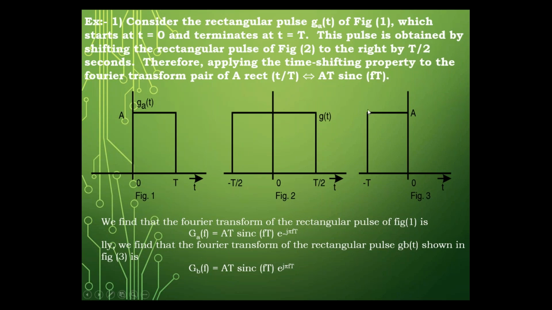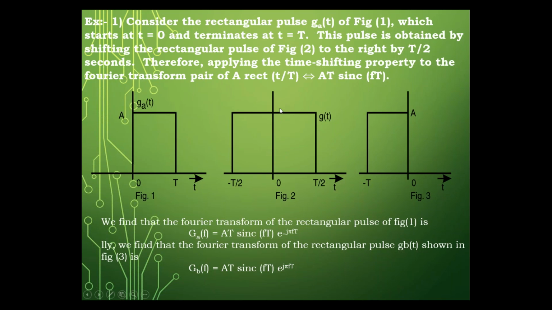Now I can shift this rectangular pulse either towards right or towards left. Now if I shift towards right, then I'll have a waveform like this, which is GA of t. Please try to understand. If I shift towards left, then I'll get GB of t. Now please observe it.